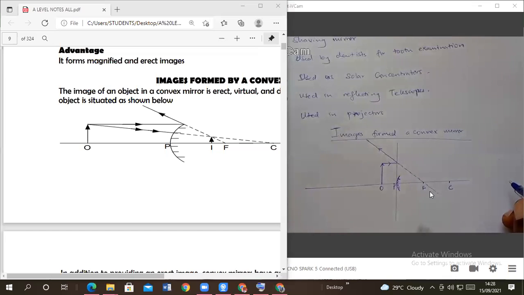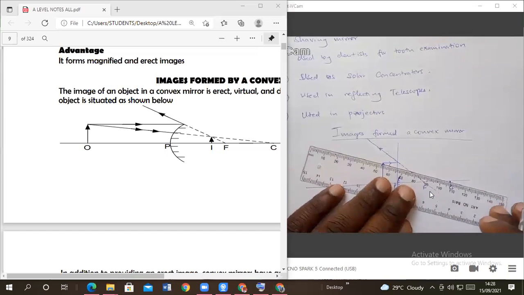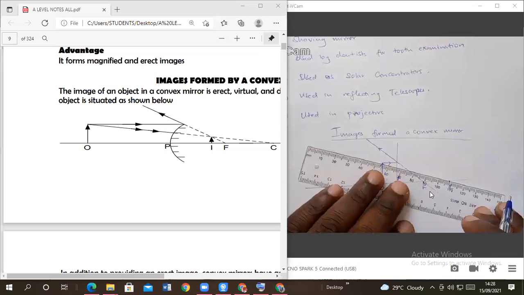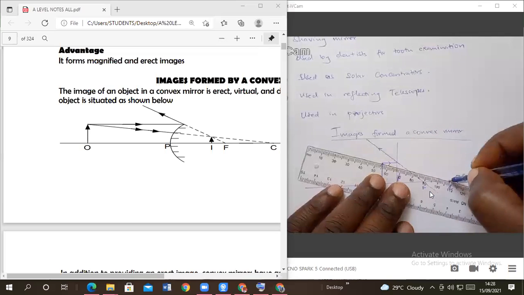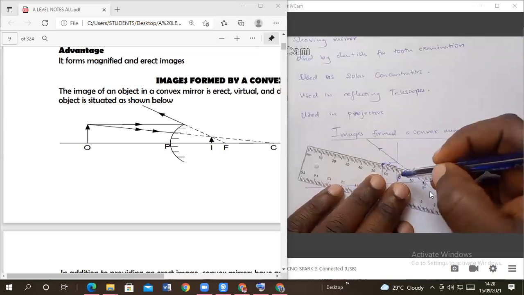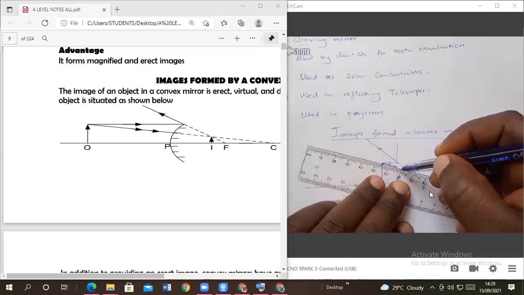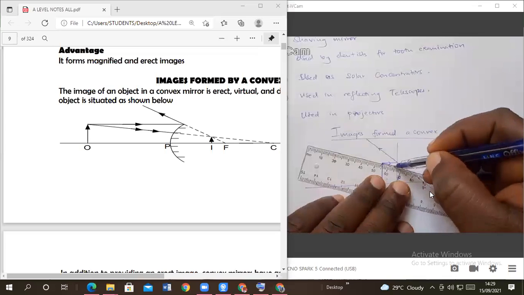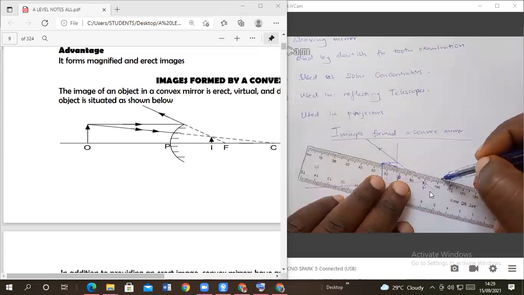And then the other ray comes from the top of the object toward the center of curvature, and this ray is reflected back through the same path. As the ray is incident on the mirror at an angle of 90 degrees, normal to the mirror, it will not change direction, so it will be reflected through the same path.